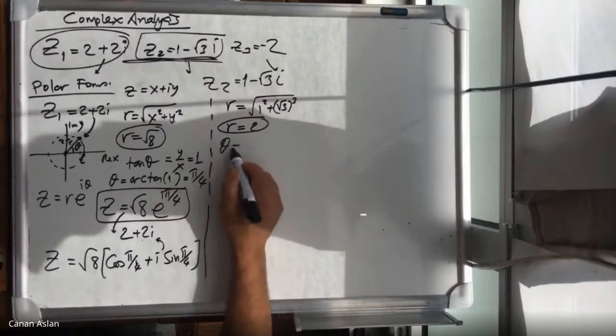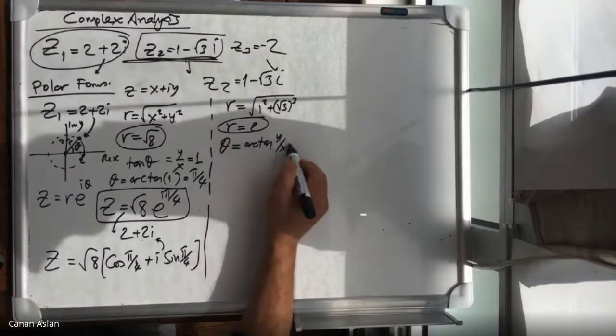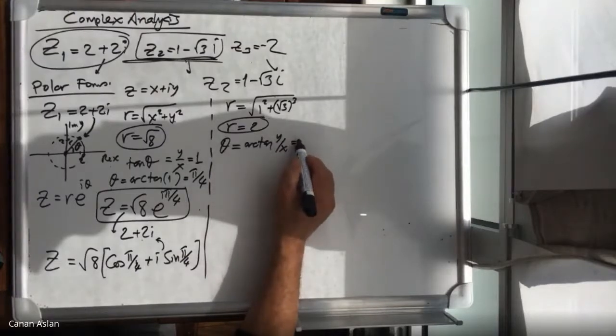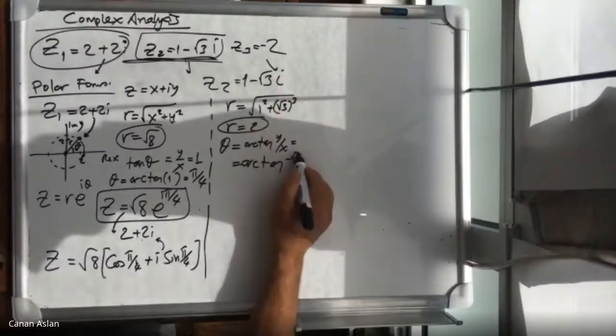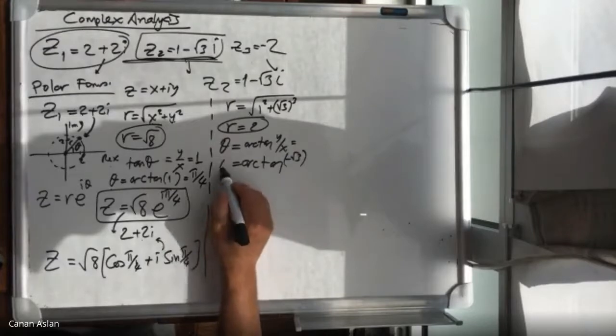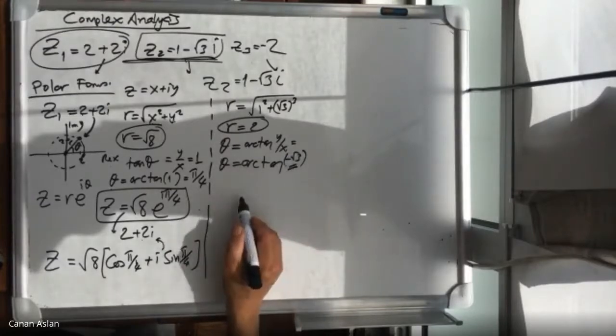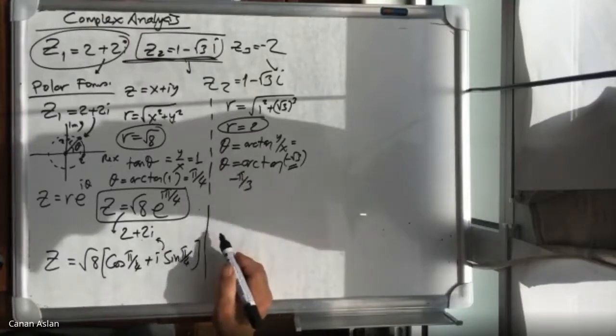Now the arc tangent of y over x gives you arc tangent of minus square root of 3, divided by 1, which is just minus square root of 3. So what angle gives you minus square root of 3? It's minus pi over 3, in other words, minus 60 degrees.